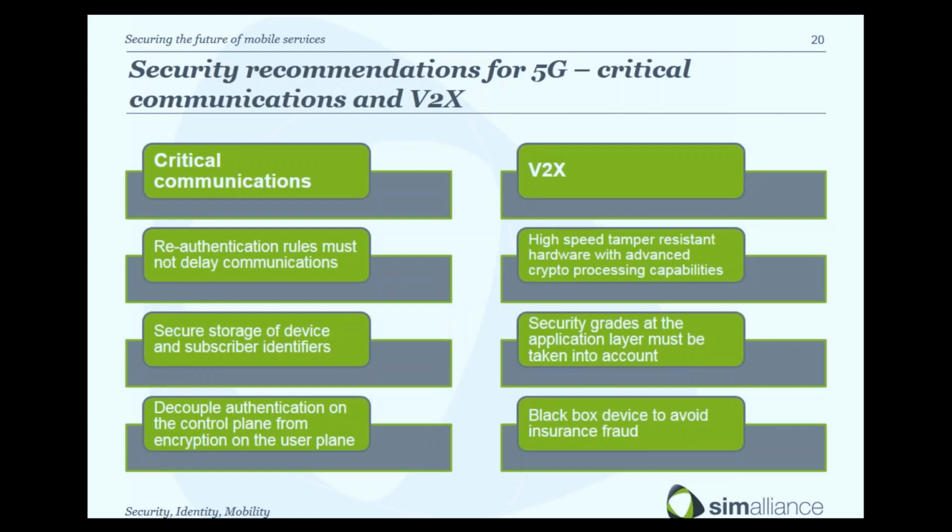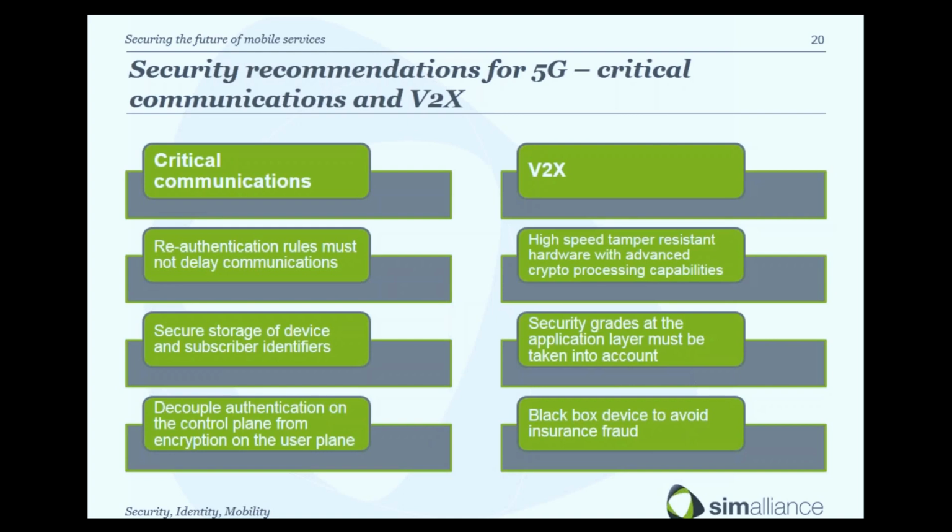In V2X, the best solution to meet this segment's requirement for a highly robust level of security is secure tamper-resistant hardware. Given the ultra-low latency requirements, high-speed tamper-resistant hardware with advanced crypto processing capabilities are required. A range of security grades may be required. For example, police, military, and government vehicles may be seen to require higher levels of protection. This can be done at the application layer, beyond network connectivity layers.